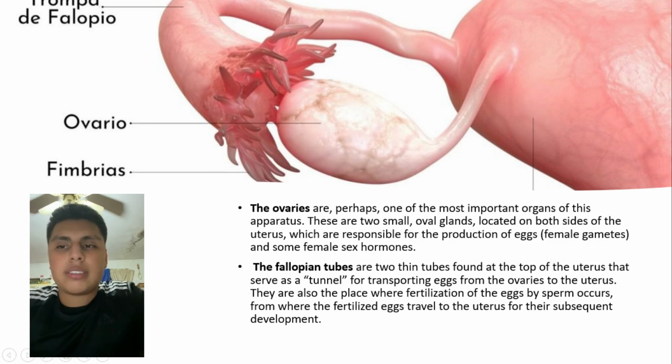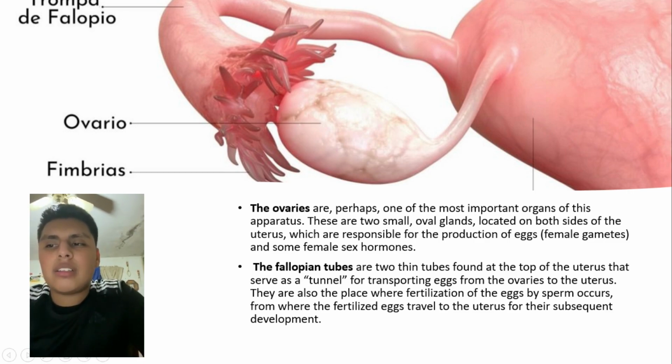The ovaries are perhaps one of the most important organs of this system. These are two small oval glands located on both sides of the uterus, which are responsible for the production of eggs and some female sex hormones.